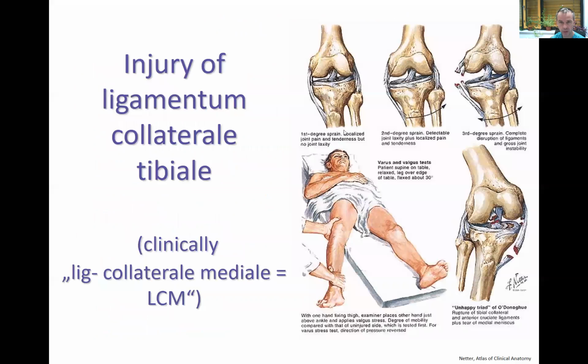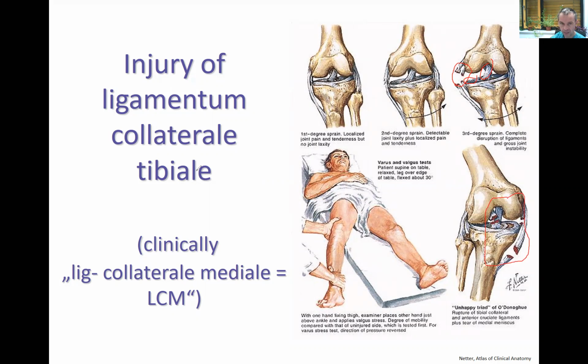Yeah? So we can look at some figures. Here we can see what happens during the unhappy triad. That's a rupture of the tibial collateral ligament and the medial meniscus and the anterior cruciate ligament here. And finally, you can see the whole triad here.